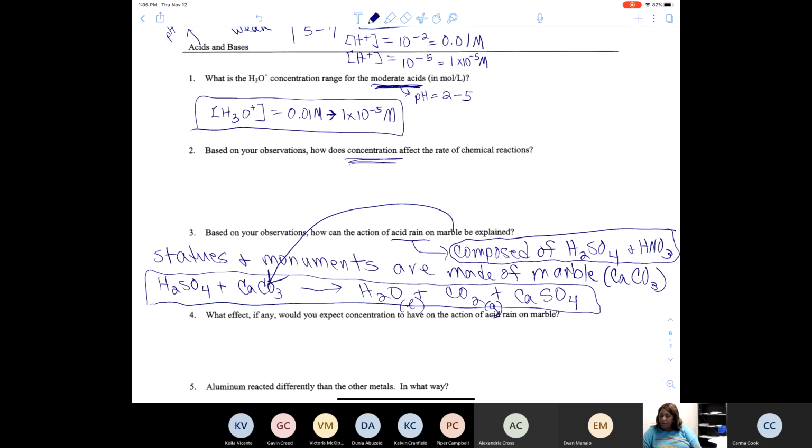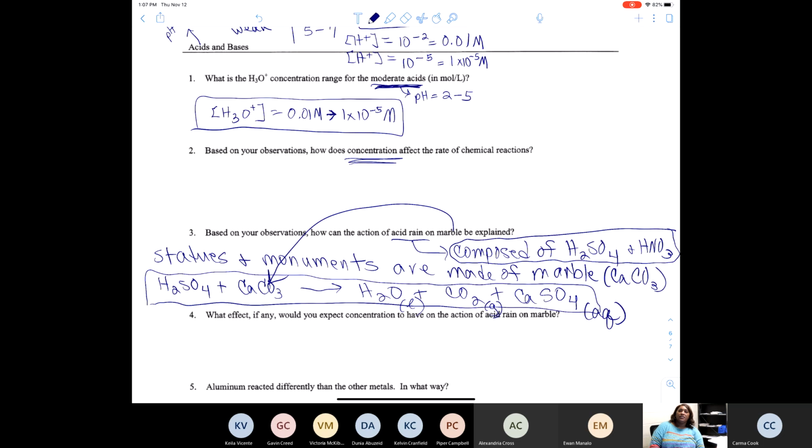That's your ionic compound, your salt. So remember we said when acids and bases react, your two products are going to be water and a salt. But whenever a carbonate containing compound is your ionic compound, one of your products will also be carbon dioxide.